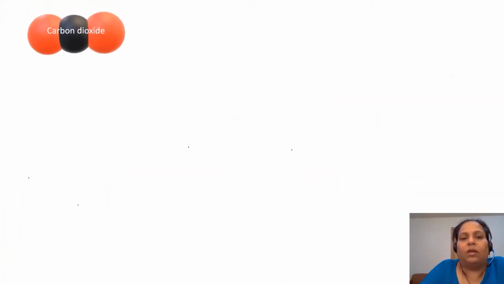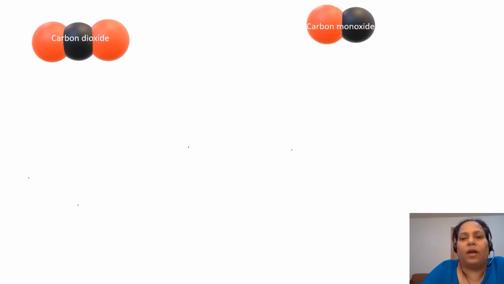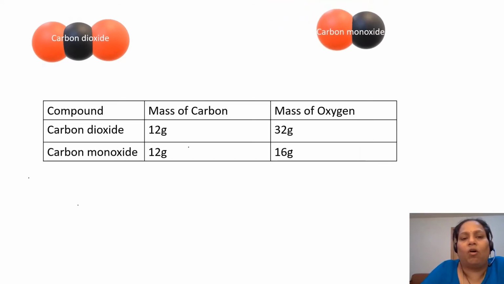So now I try to find the ratio of the mass of oxygen for a fixed mass of carbon. So what did I say? In carbon dioxide we have 12 grams of carbon combining with 32 grams of oxygen, or for every 12 grams of carbon we have 32 grams of oxygen in carbon dioxide.